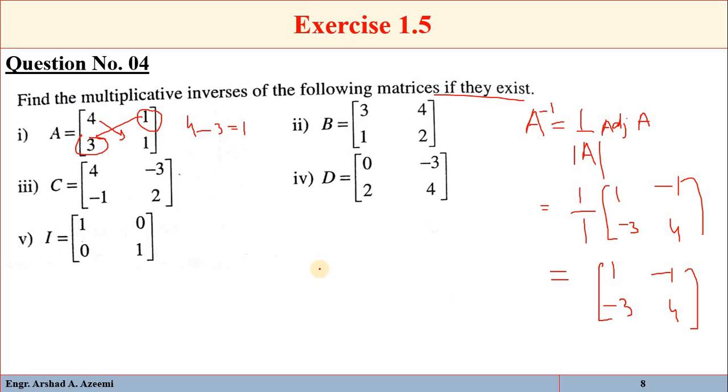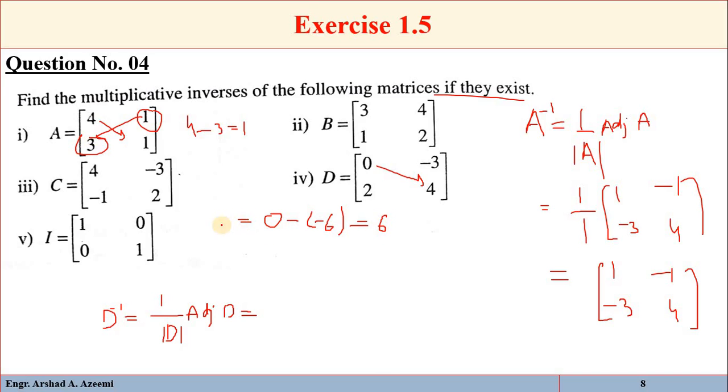Okay, so the rest of them are the same. Let's solve another one. For example, the inverse of matrix D will be equal to 1 divided by the determinant of D, okay, multiplied by the adjoint of D. So just find out the determinant. 0 multiplied by 4, that is 0, minus 3 multiplied by 2, that is -6, so it is equal to 6.